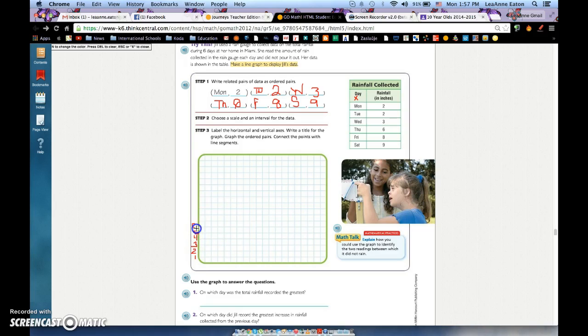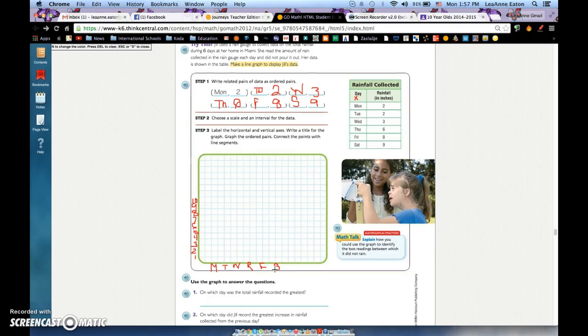Get the idea? 6, 7, 8, 9, and 10. Okay. And then down here, we're going to put Monday, skip 1, Tuesday, skip 1, Wednesday, skip 1. I'm going to write an R for Thursday, skip 1, Friday, skip 1, Saturday.